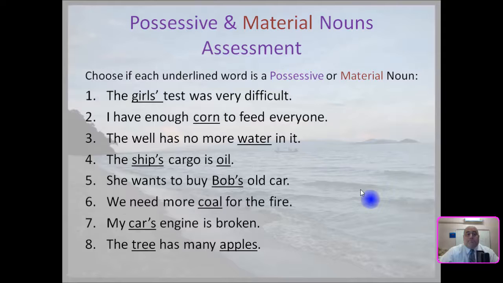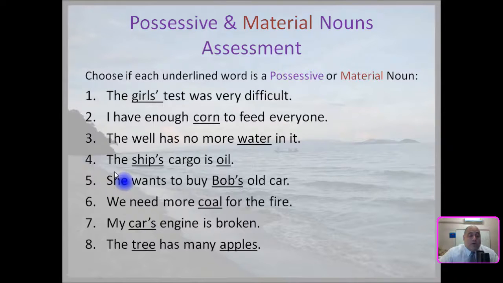Here's our assessment, possessive and material nouns assessment. Choose if the underlined words are either possessive or material nouns. Number 1, the girls' test was very difficult. Number 2, I have enough corn to feed everyone. Number 3, the well has no more water in it.